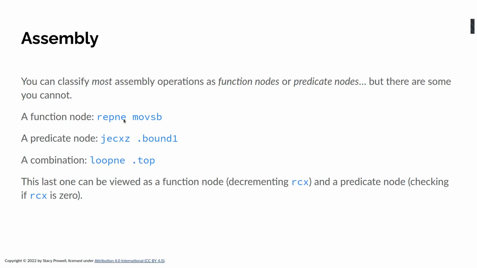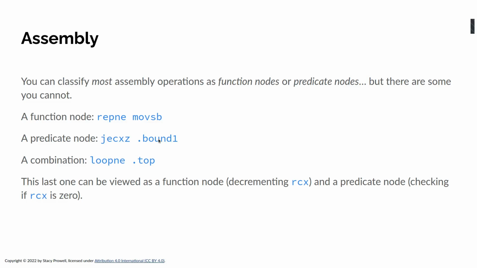It's going to do its thing, whatever it is, it's going to move something, and then it's going to flow to the next instruction. So it's just a little function node. Complex one, but a little function node. This is a little predicate node, right? I'm just going to check to see if ECX is 0, and if it is, I'm going to go here. If it's not, I'm going to flow to the next thing after it. There you go. So false is the next thing, true is here.